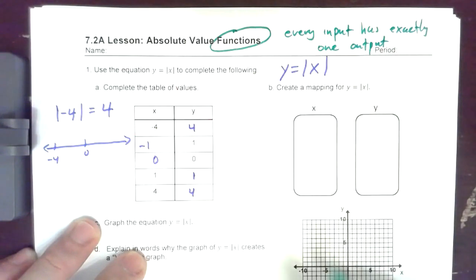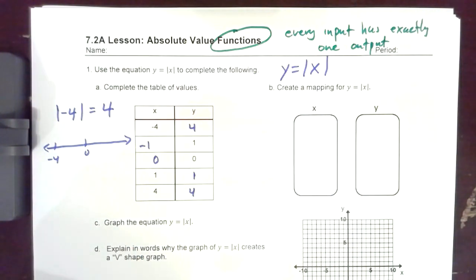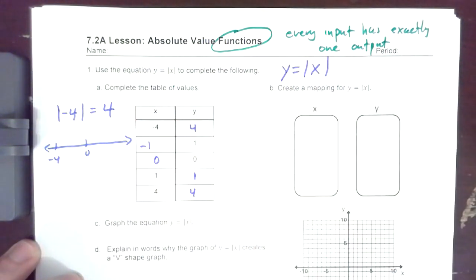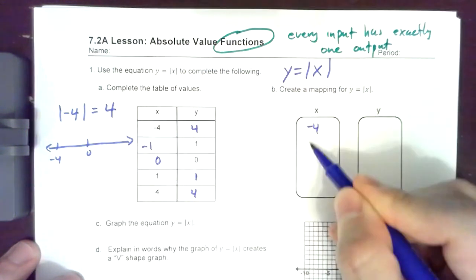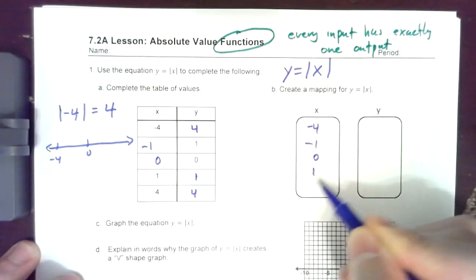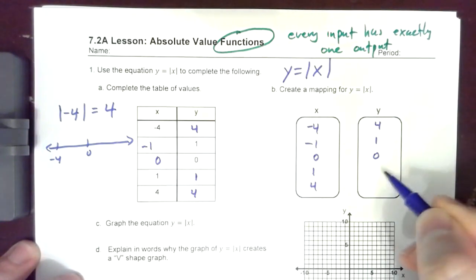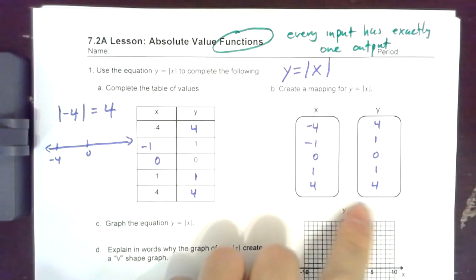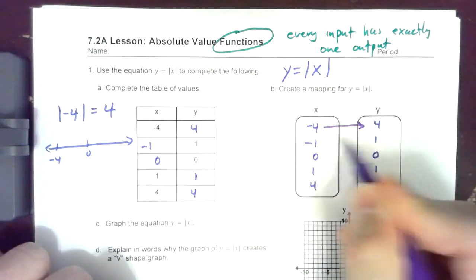This whole module is talking about functions, and in this case class, absolute value functions do satisfy this important requirement. Okay, so if I were to map, I would just go like this, and you would see that it's right. So yeah, they do have the same output sometimes, but that's expected, right?